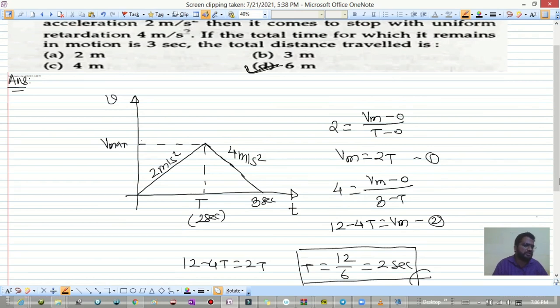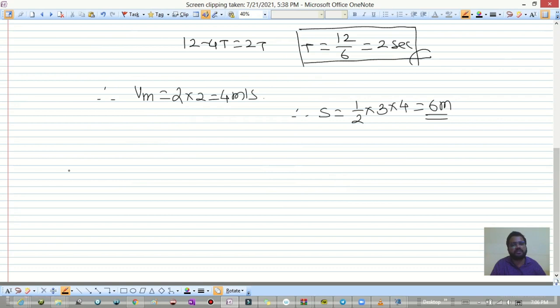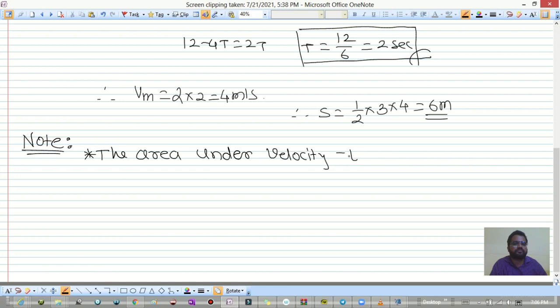So I hope this is clear, and the important point that you need to remember in this is the area under velocity time graph gives displacement.